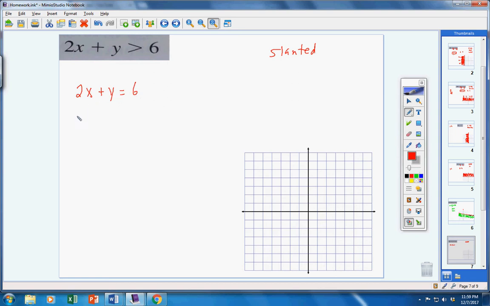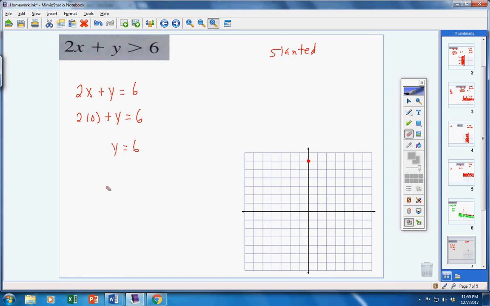Next, when the x is, I'm going to substitute 0 to use the double intercept method. 2 times 0 is 0. 0 plus y is y. And we get y equals 6. So 1, 2, 3, 4, 5, 6.